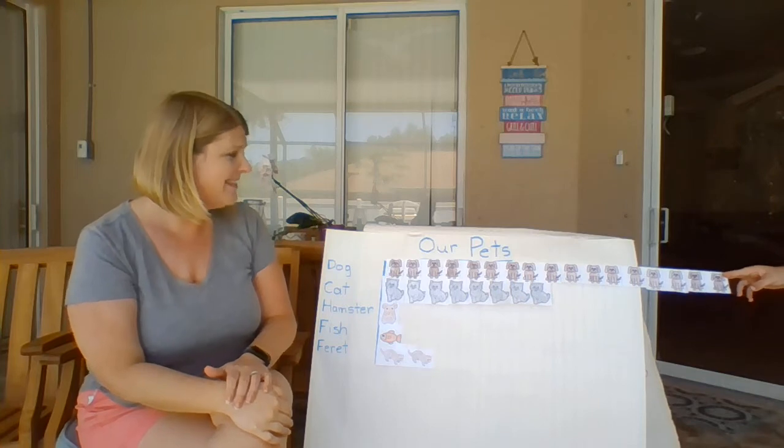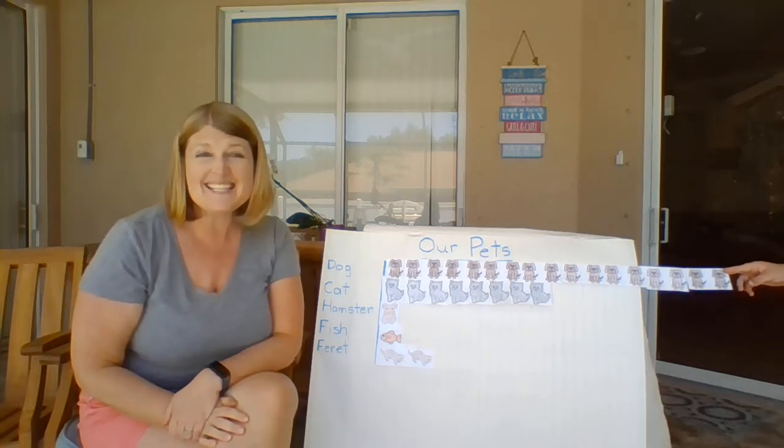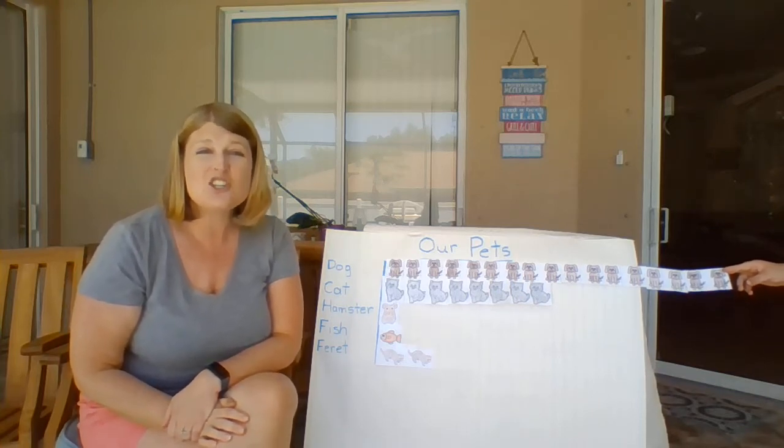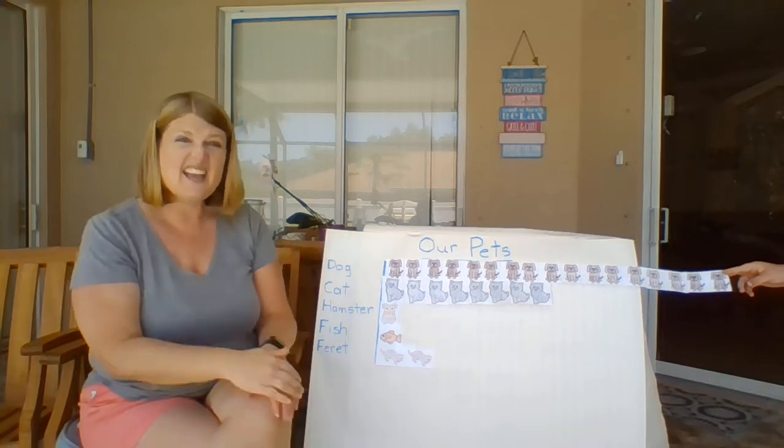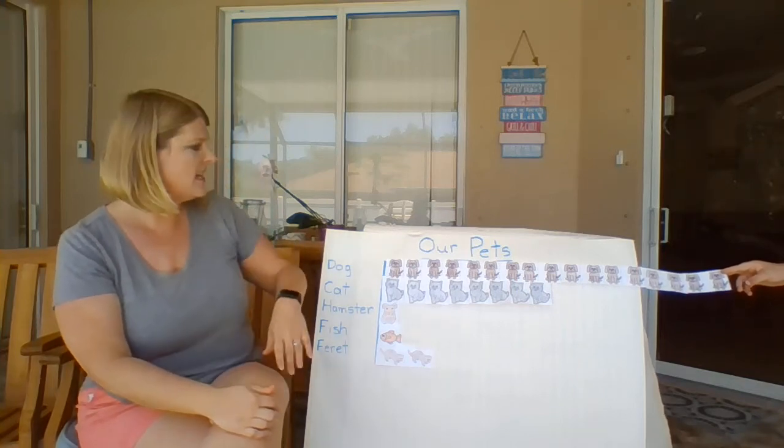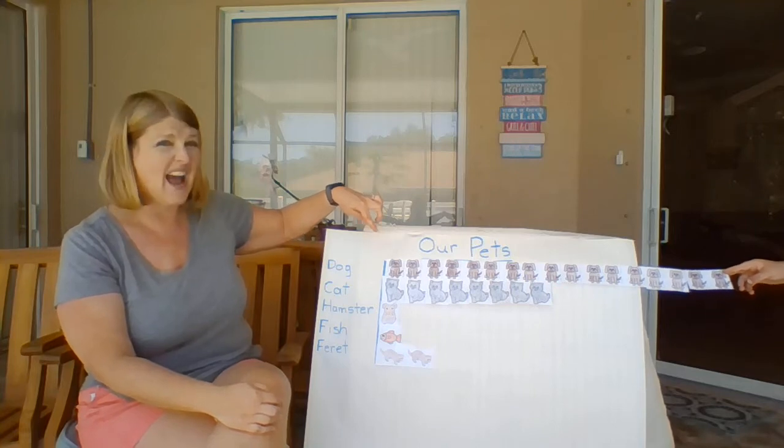So if I look at this, I can figure out exactly how many dogs our friends have at home. Let's count and see how many dogs we have at our houses.